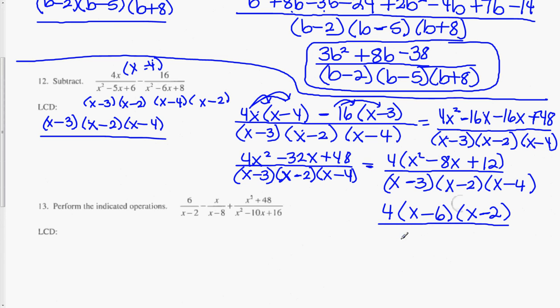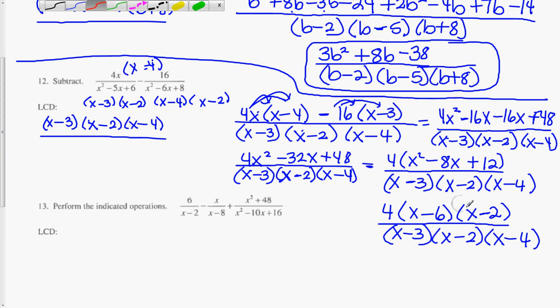all over. So in this particular problem, we are going to be able to do some canceling, because I have an x minus 2 on top and an x minus 2 on the bottom. So those particular ones would cancel out.